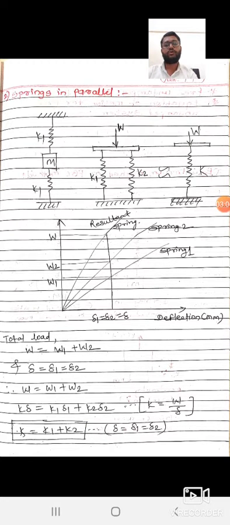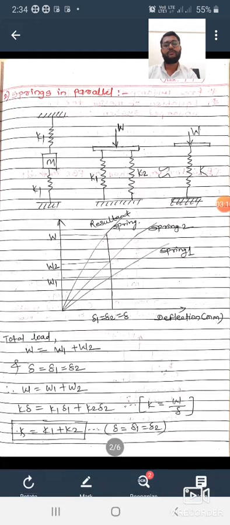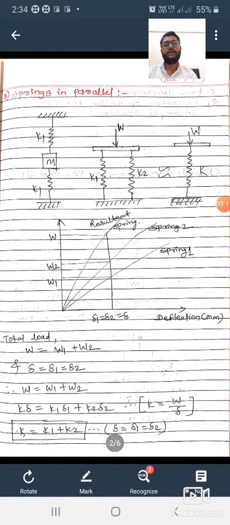Let total load W equal W1 plus W2 and deflection delta equal to delta 1 equal to delta 2. So we have the equation W equal to W1 plus W2, meaning put W as K delta, W1 as K1 delta 1 and W2 as K2 delta 2, because stiffness K equal to load upon deflection, that is W by delta.